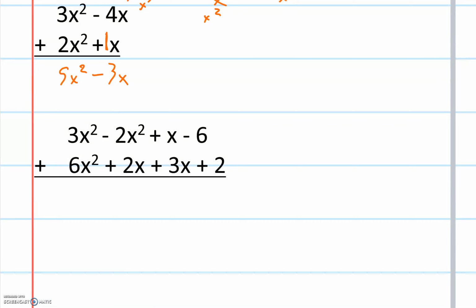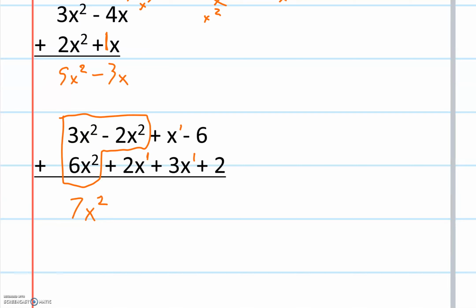Alright, so I'm just looking at what's the highest term, what's the highest degree. Well, I have a 2 here. I have an invisible 1, visible 1, visible 1. There's nothing higher than 2. So I'm going to do all the 2's first. And if I look here, I can find that all the 2's are right there. So 3 plus 6 minus 2 is 7x squared. And now I'm going to look at the next highest.